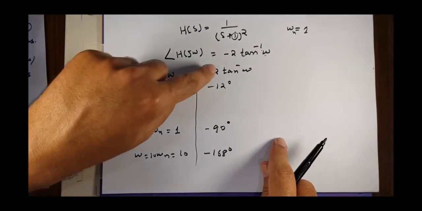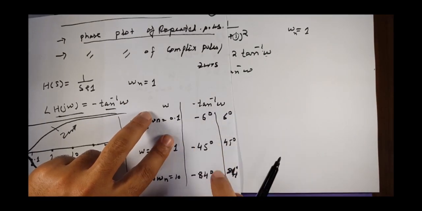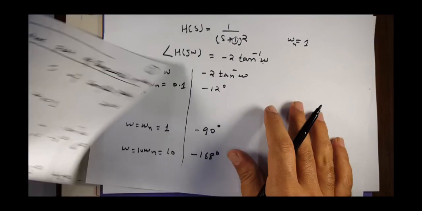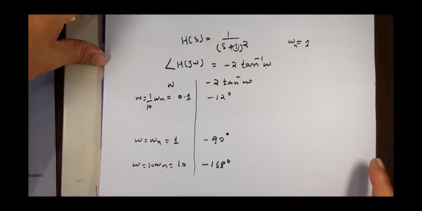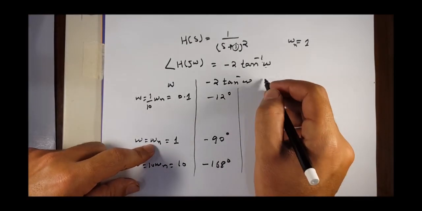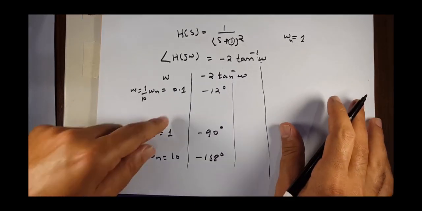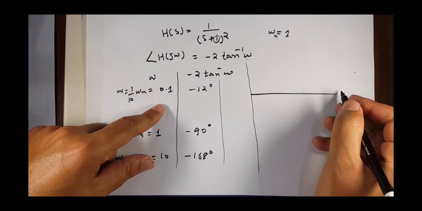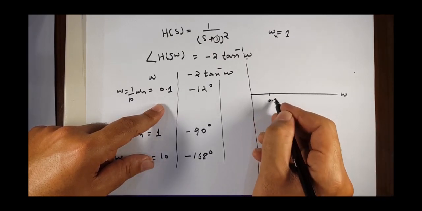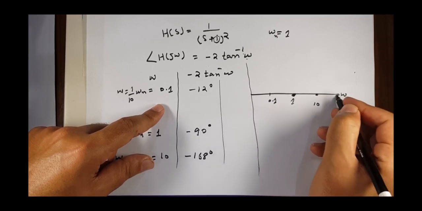You can compare that we had minus 6 degrees, minus 45 degrees, minus 84 degrees, so we simply multiply the angle by 2 because we now have 2 poles lying at a single point. Now you just need to plot this table. Here we have omega: 0.1, 1, 10, say 100, and so on.